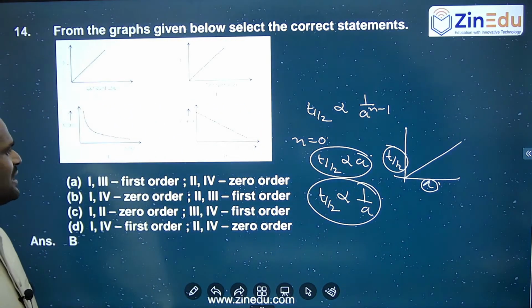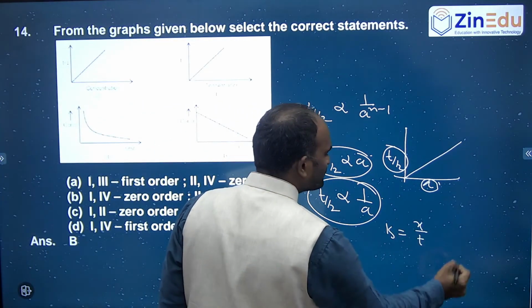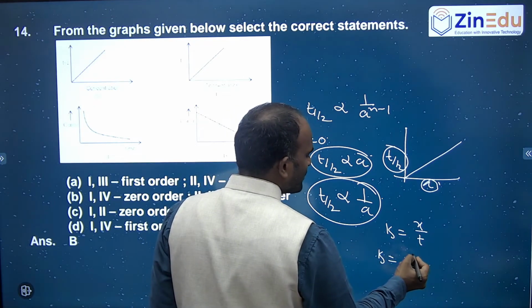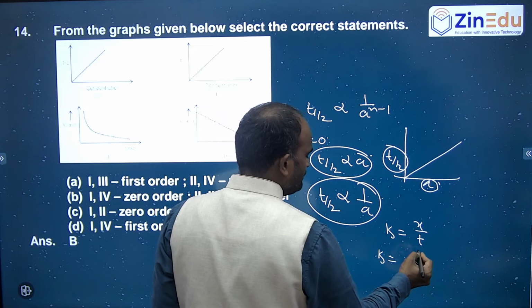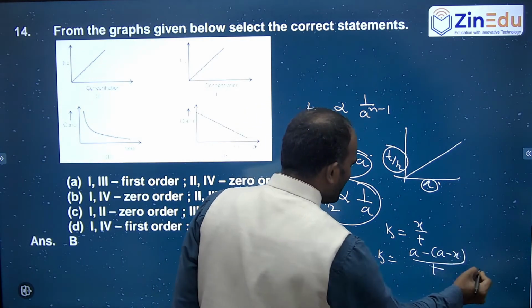Next, for the zero order, as we know that k is equal to x divided by 2. But k is equal to x, means here we can write this as a minus x, divided by t.